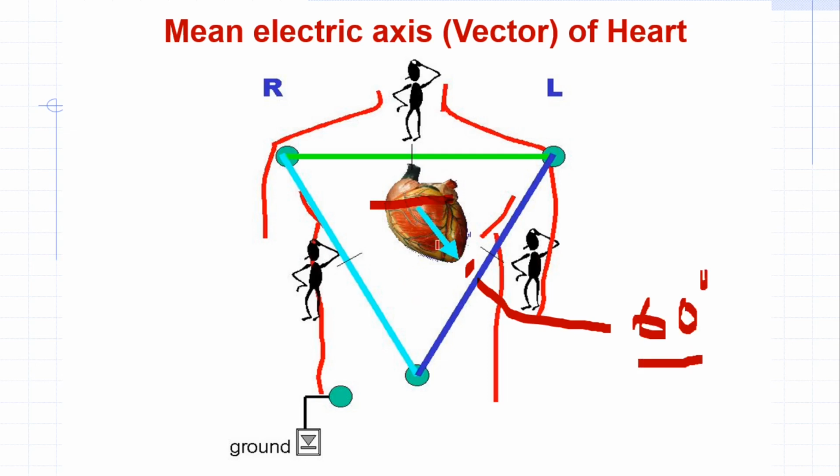It is the net current flow during most of the depolarization and repolarization of the heart, at an angle of 60 degree, though it ranges from minus 30 to plus 110 degree. If this current flow is going to the positive terminal of the recording electrode, we get the positive waves. If the current flow is going away from the recording electrode, we get the negative waves in the ECG.